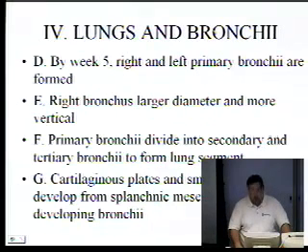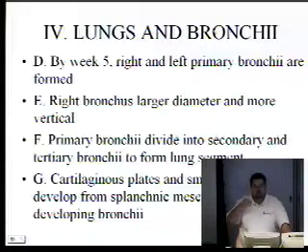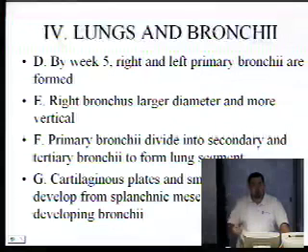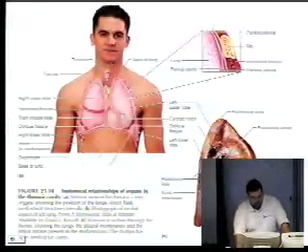Now, one of the interesting things is that because the right bronchus has a larger diameter, bigger around, and is more vertical, whenever you accidentally swallow something, whether it be a fluid or a solid, it's much more likely to go into the right bronchus and end up at the right lower lobe down here.